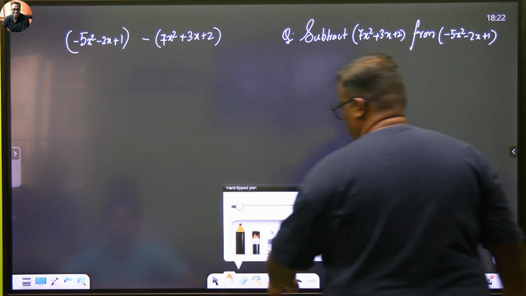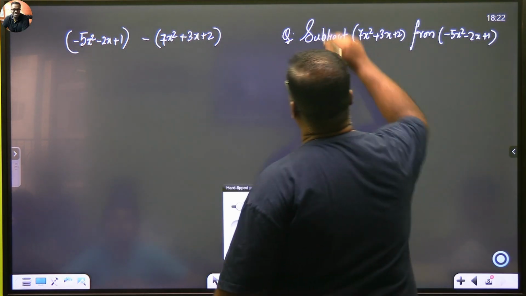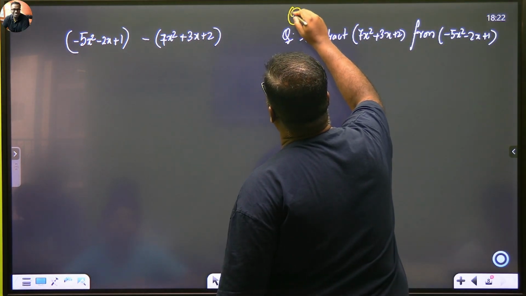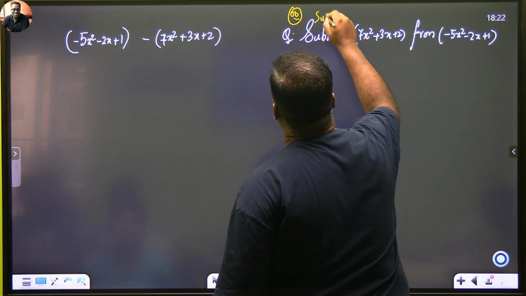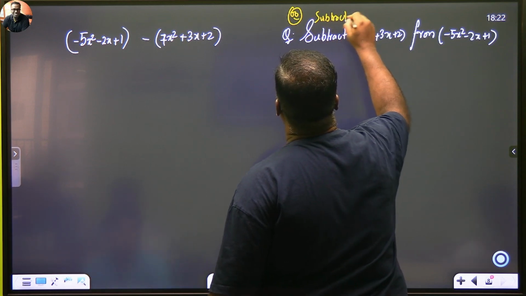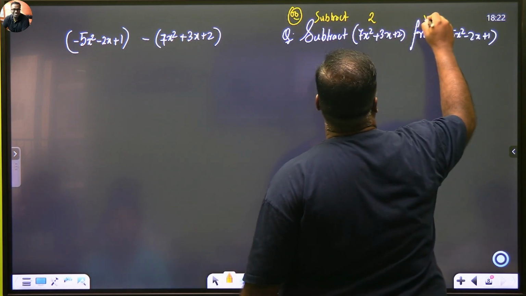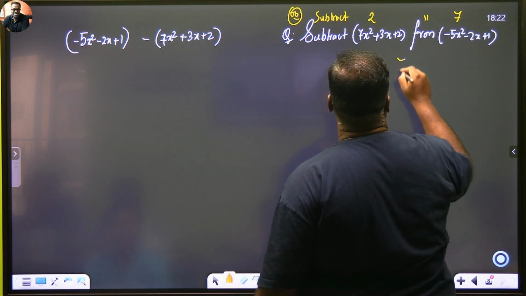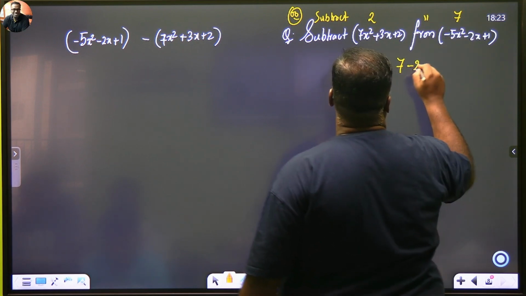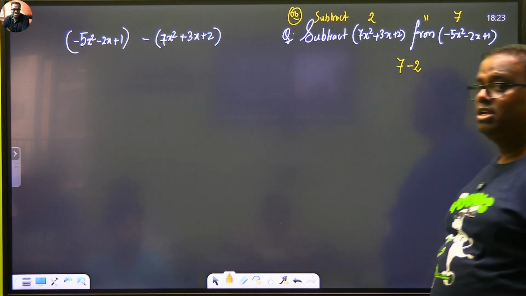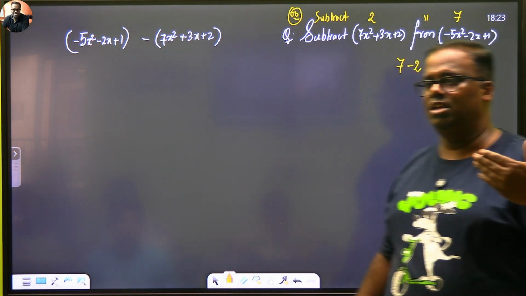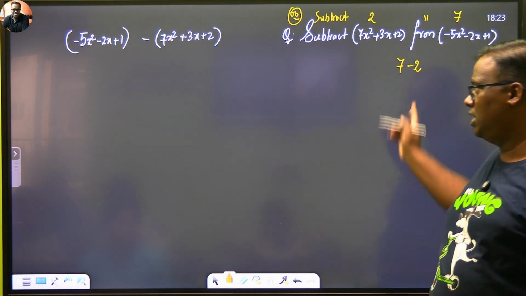Whenever you do such problems, as I keep on saying, think simple. Subtract 2 from 7. How do you write it? 7 minus 2, not 2 minus 7. Take out 2 from 7. So that's how you have written it.